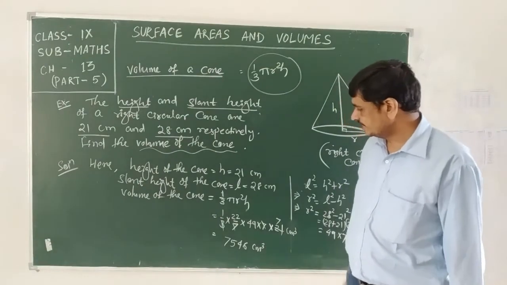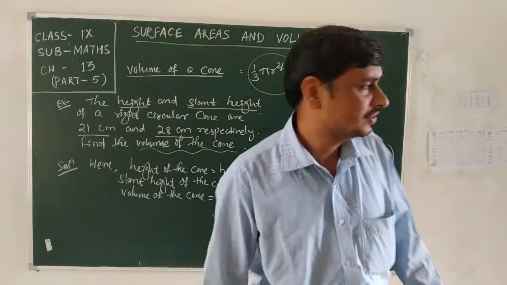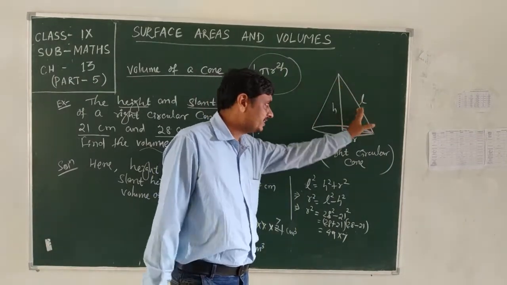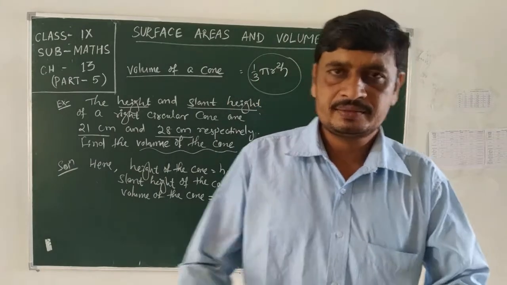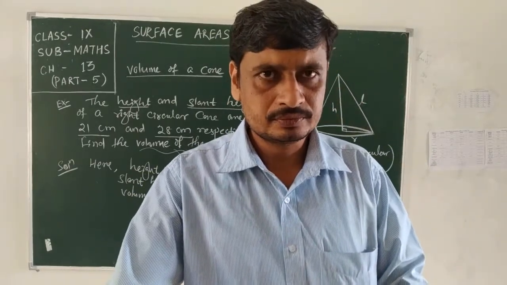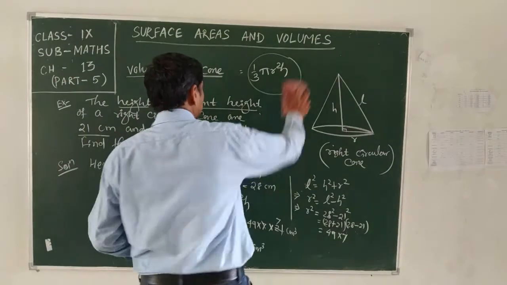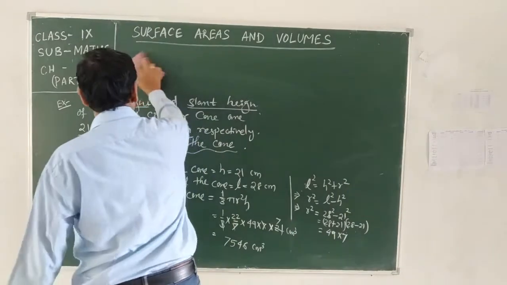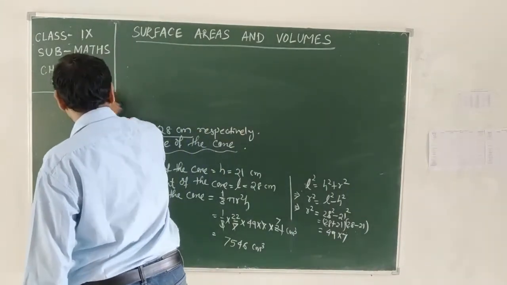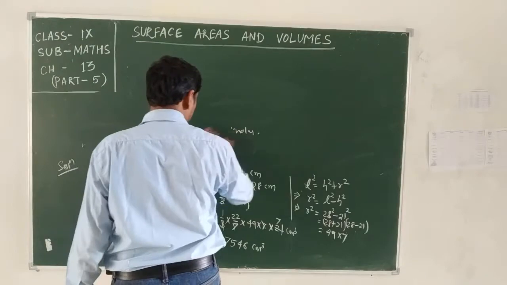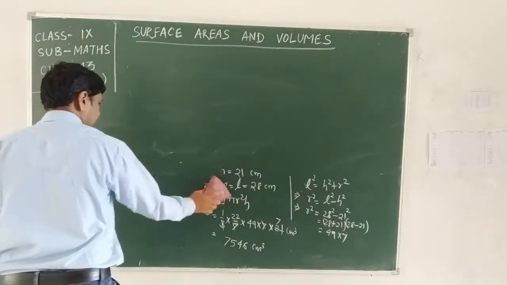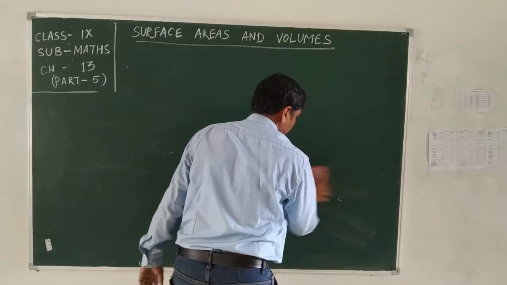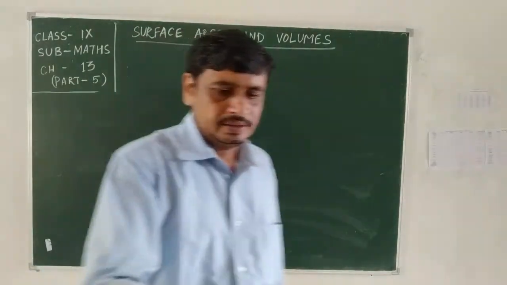This 7546 cm cube is the volume of this cone having height 21 cm and slant height 28 cm. Let's do one more example.